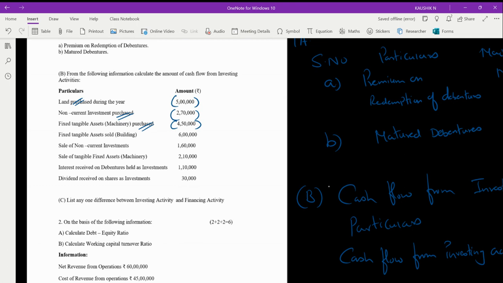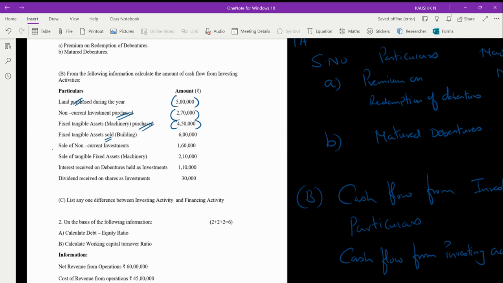The next one, what is said? Fixed tangible asset sold, building. They have given you what you have sold. It is building that you have sold. Sale is a positive value. The next item is sale of tangible fixed asset.